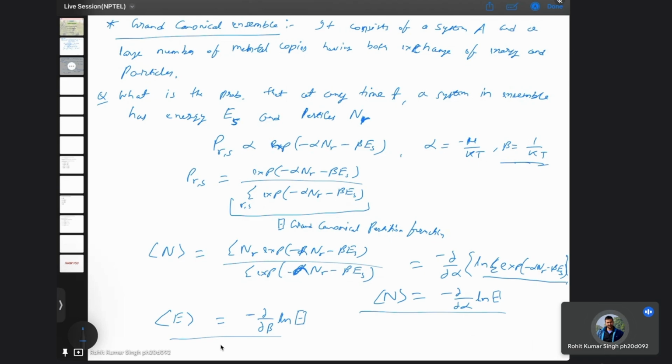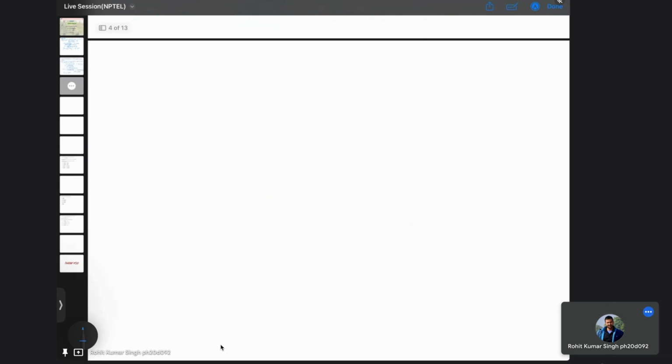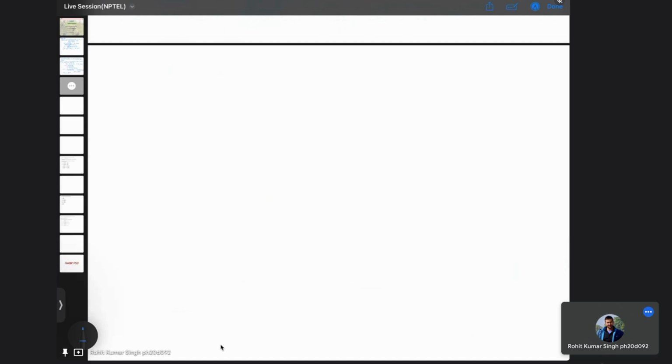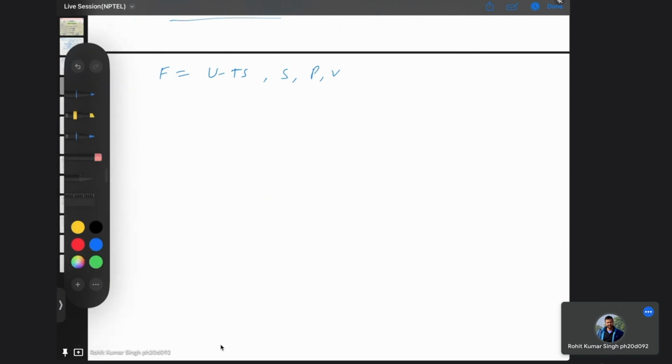So how to do that? Like in the canonical ensemble, we defined the Helmholtz free energy, right? We defined the Helmholtz free energy as this, and then using the first law of thermodynamics, we calculated S, P, V, and all the other thermodynamic quantities.